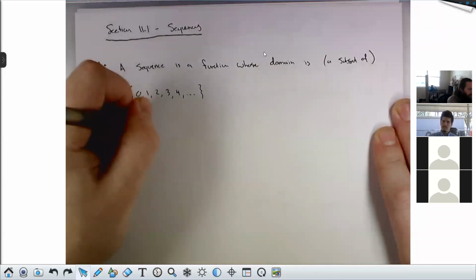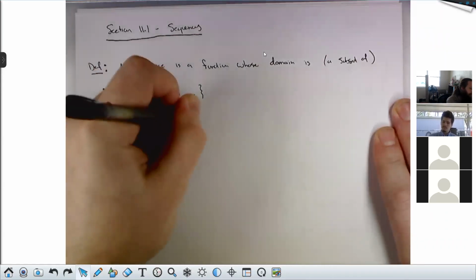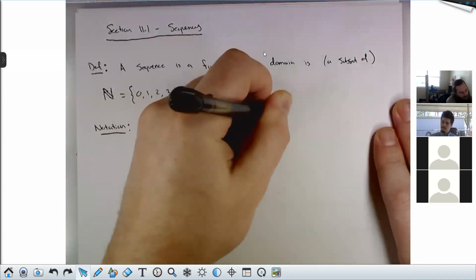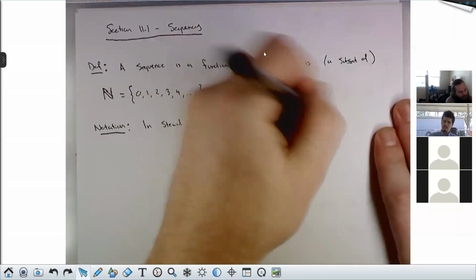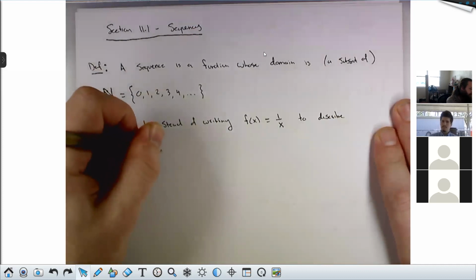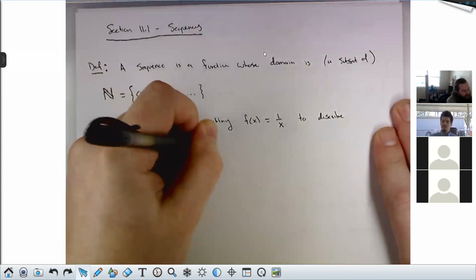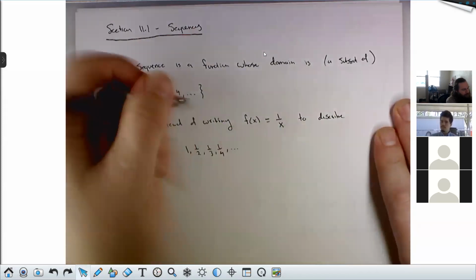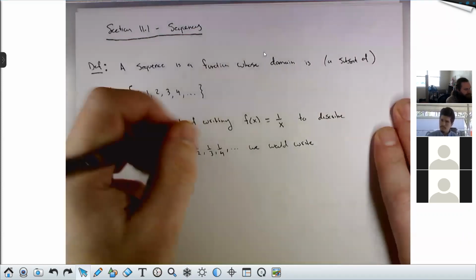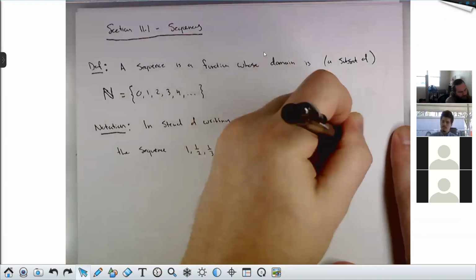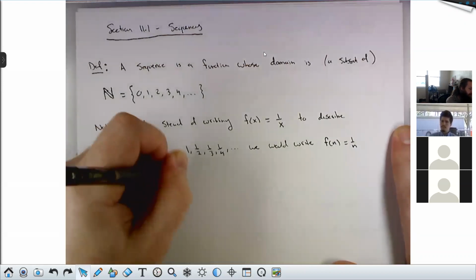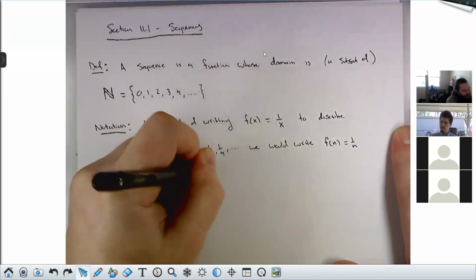The notation we use for sequences is a little different. Instead of writing like f of x equals 1 over x to describe the sequence 1, 1/2, 1/3, 1/4, and so on, we would write something like f of n equals 1 over n, or really, the notation you're going to see is a sub n equals 1 over n.